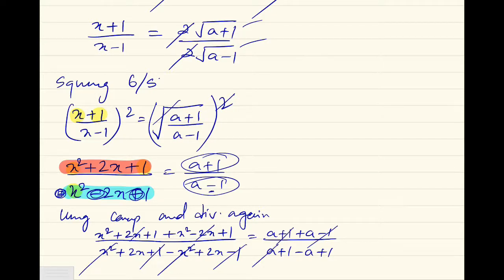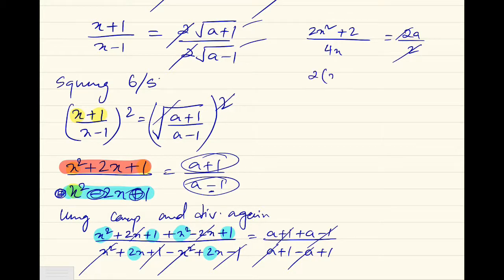And here I think 1 and 1 and a. So what am I left with? I'm left with x square. Let me show you. x square and x square, that's 2x square, and I have 1 and 1, that's 2. So 2 divided by, I have 2x, 2x, that's 4x, and that side I have 2a by 2, and cancel it off.